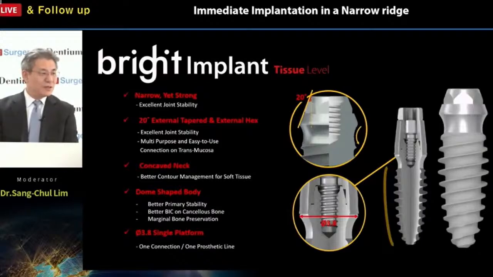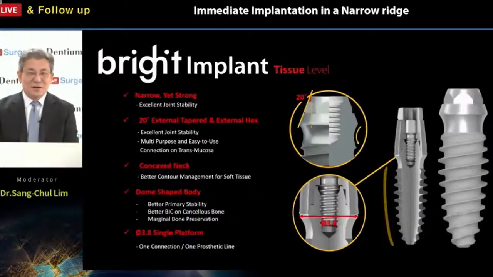narrow ridges. It has a concave neck, a 1.5 millimeter neck portion, and a dome-shaped body. This is a very strong point, because the dome-shaped body gives us higher insertion strength during implantation.